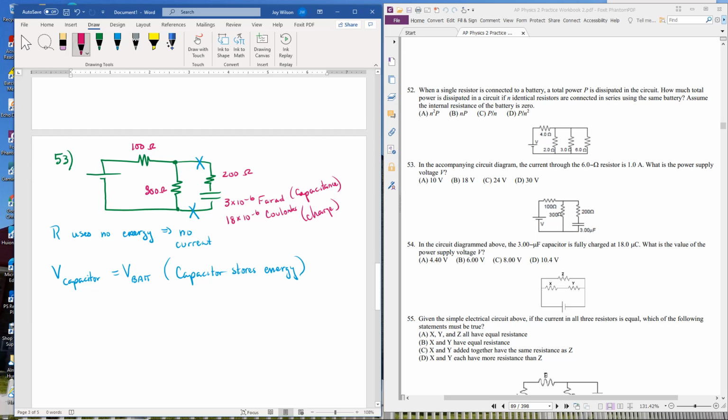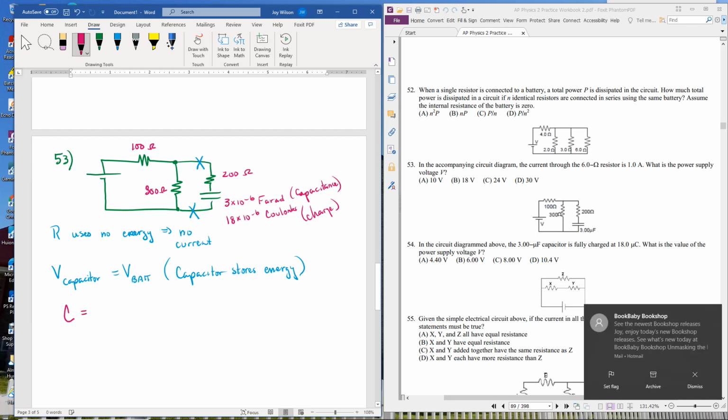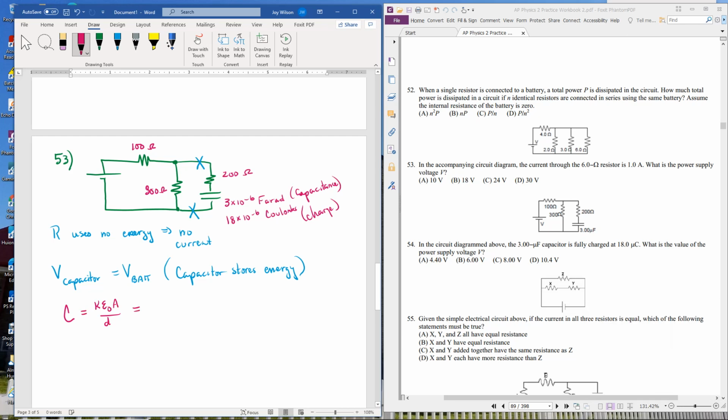There's another formula, and this is the other one we need to know, and it's capacitance. We already had the kappa epsilon naught A over D, but in a circuit, this is sort of just the definition. In a circuit, capacitance equals charge per volt.